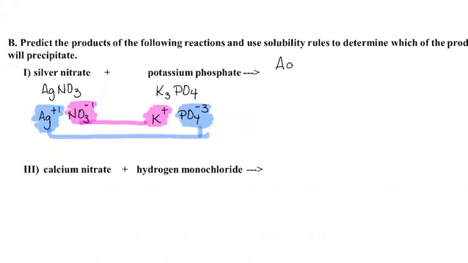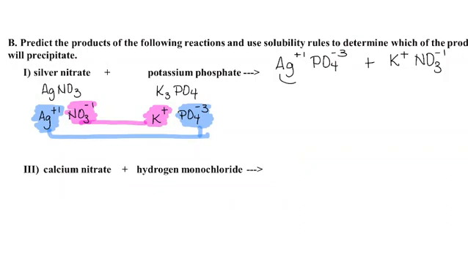So we have Ag +1, and we have PO4 -3, plus K+ and NO3 -1. So now that I've formed my new pairs, I'm going to write the correct chemical formulas for them, okay?